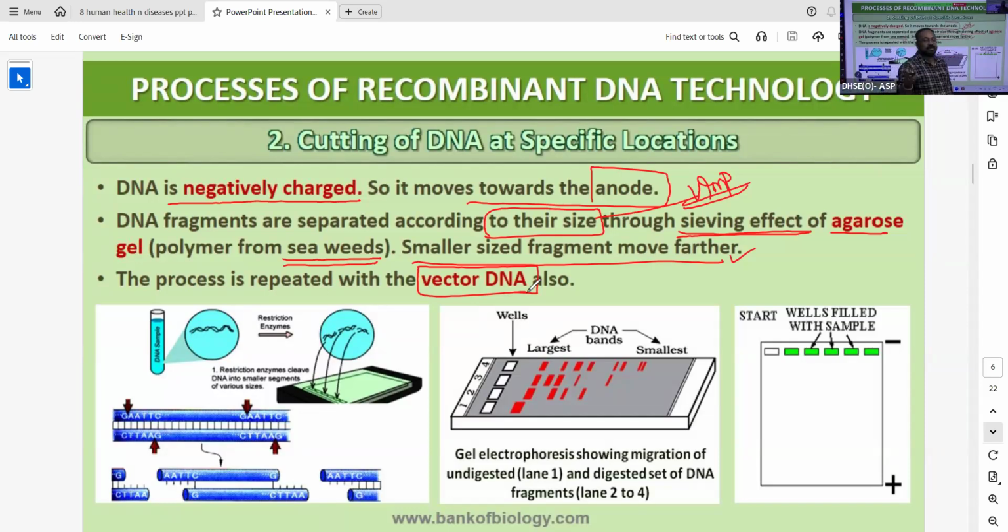So first we add the gene of interest to this particular DNA, then we put the total setup into the particular host cell. That is how insertion is done. Okay?